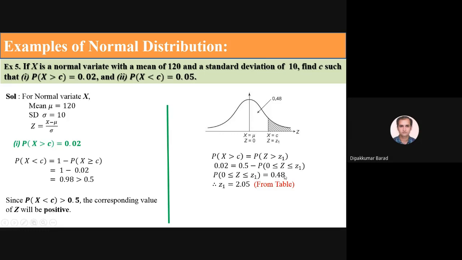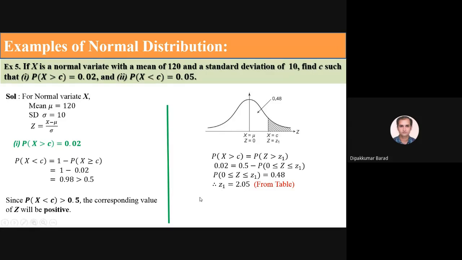But now by using this value, we want to find Z1. So you have to find this 0.48 in the table, and from that find Z1, where it is situated in the table. So from the table, you get 2.05, approximately, along 0.0005.